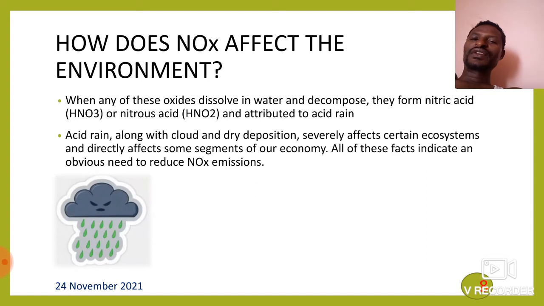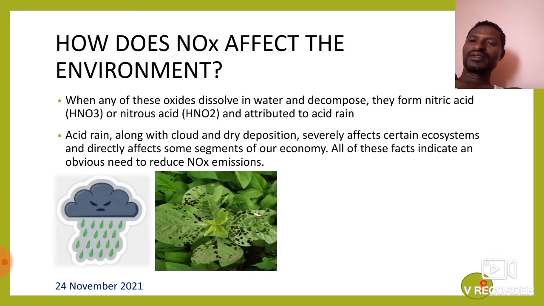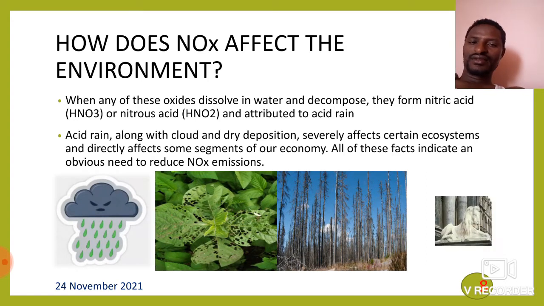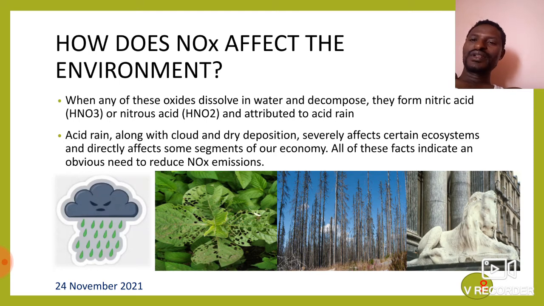So, what is the effect of these nitrogen oxides? The effect is, when any one of these compounds is dissolved in water, it can form nitric acid or nitrous acid. These acids contribute to acid rain. So if there is acid rain, what will happen?